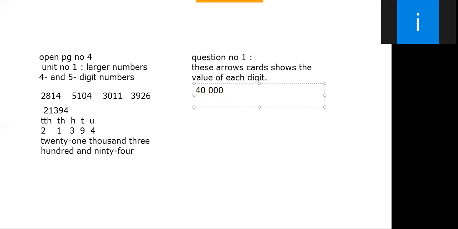So the next value is in 1,000, so we have 7,000. How many zeros do we have in 1,000? We have 3 zeros. Now after 1,000 we have the 100 value, that is 100. After 100, the tens value comes, that is 50. And after 50 we have only unit, and in a unit we have only a single value, that is 9.